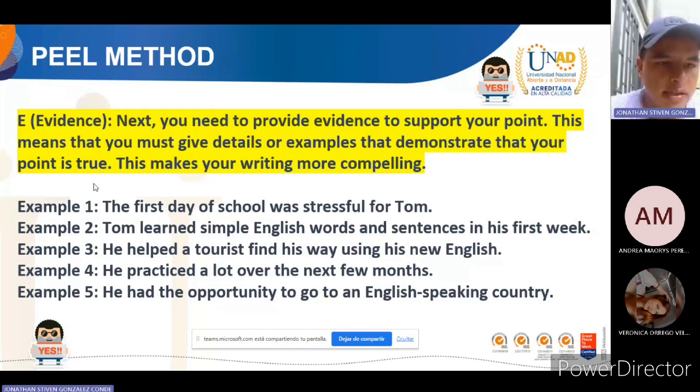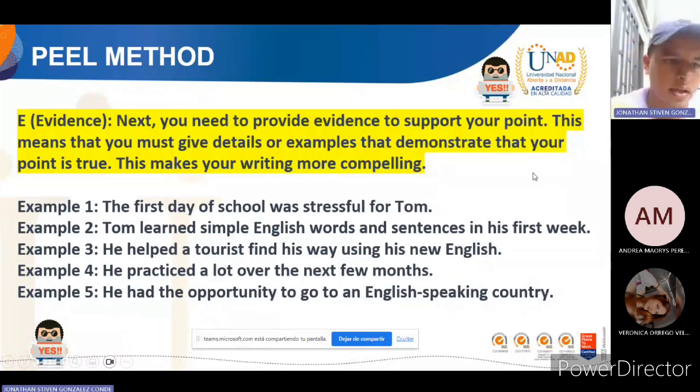The sample one says the first day of school was stressful for Tom. Tom learned simple English words and sentences in his first week. He helped a tourist find his way using his new English. He practiced a lot over the next few months. He had the opportunity to go to an English-speaking country.